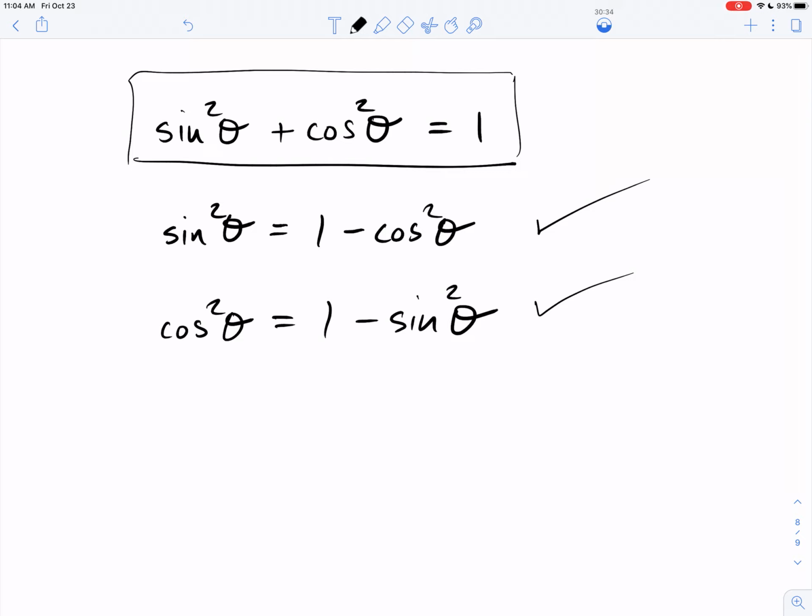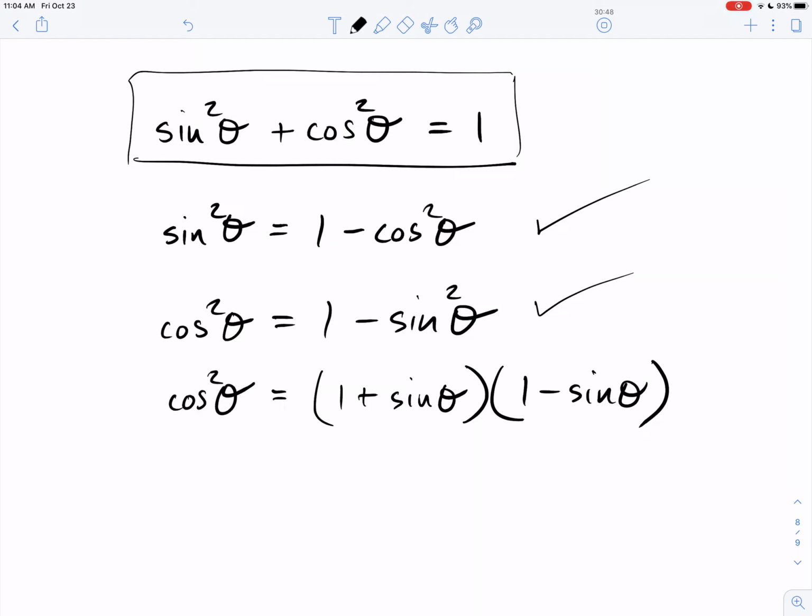Okay, here we go. Ready? Just let that sink in for a second. That is also a way I could rewrite this exact same thing.